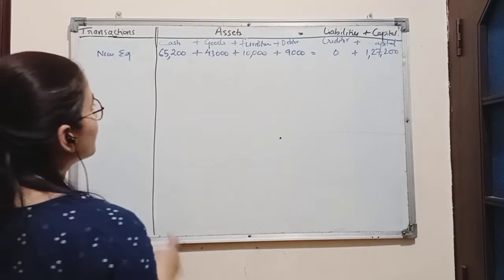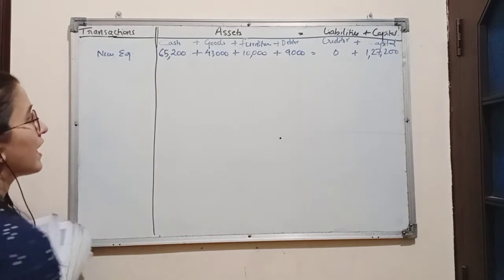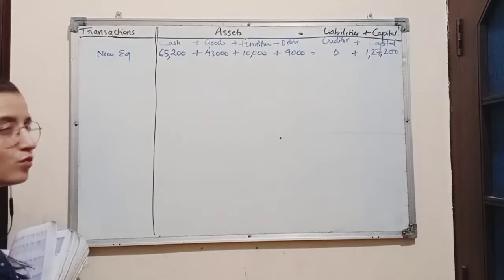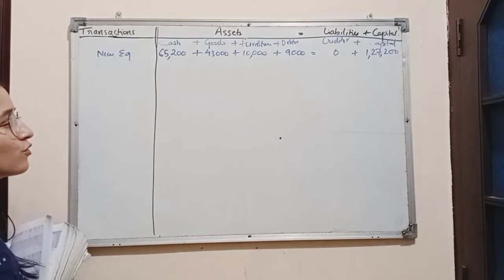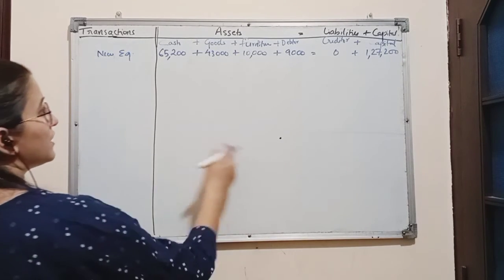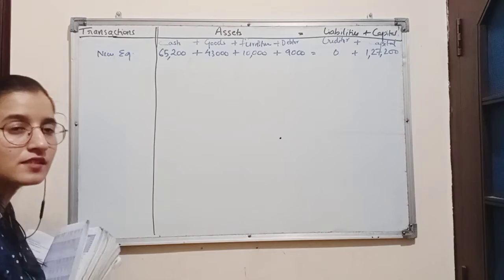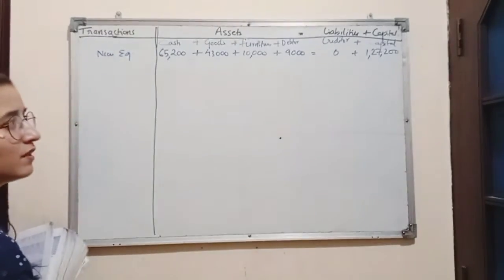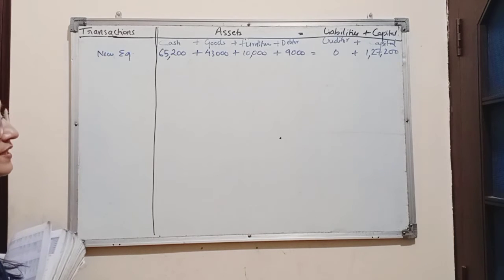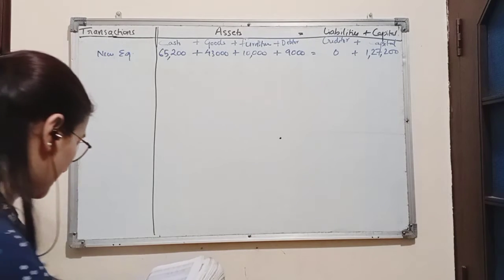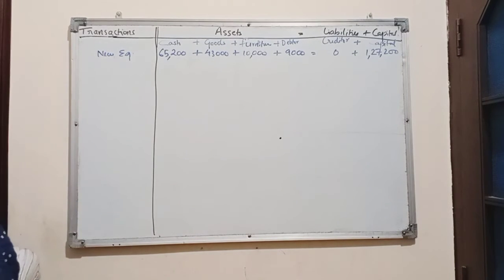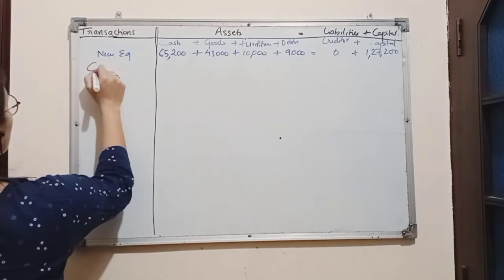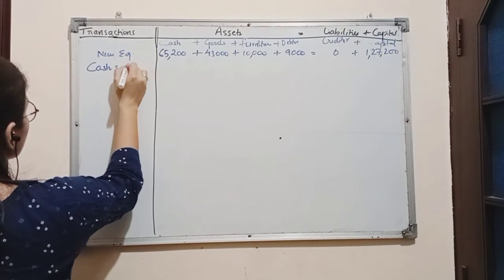So I have carried forward the last equation where cash balance is 65,200, goods amounting to rupees 43,000, furniture 10,000, debtors 9,000, creditors 0, and capital amounting to rupees 1,27,200.